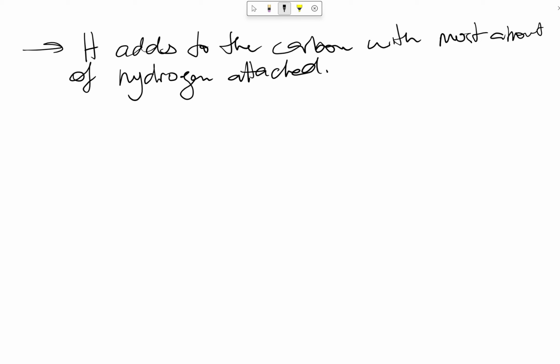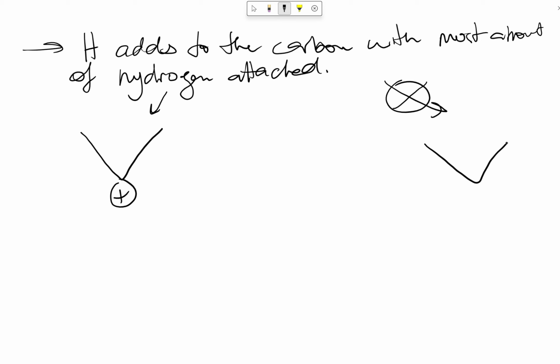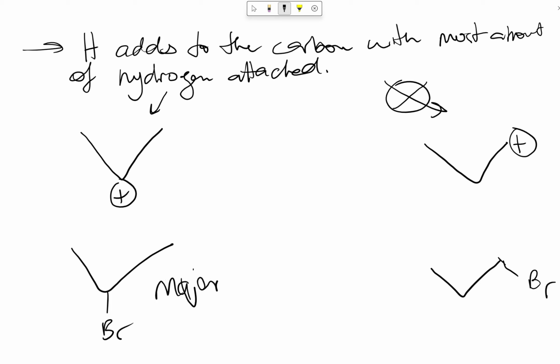So if we follow this rule, we end up with a more stable species. If we don't follow this rule, we're going to end up with a less stable species. This is an intermediate, by the way, the carbocation intermediates. And this really determines whether something is going to be the major product or the minor product. So this is major, this is minor.